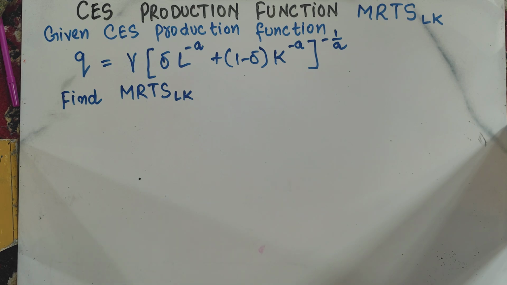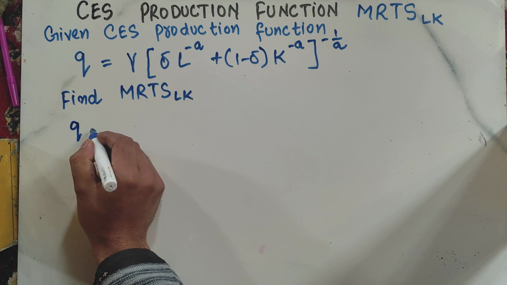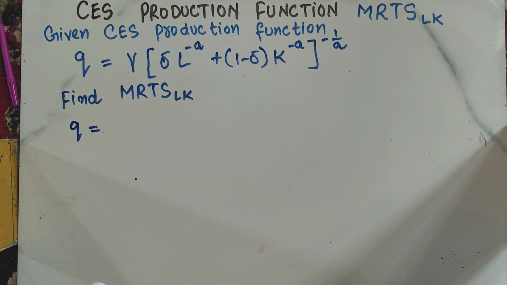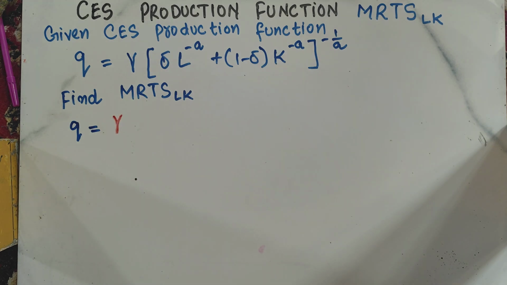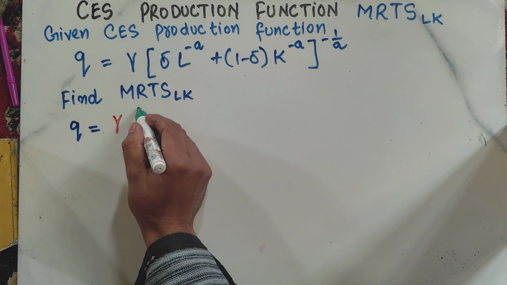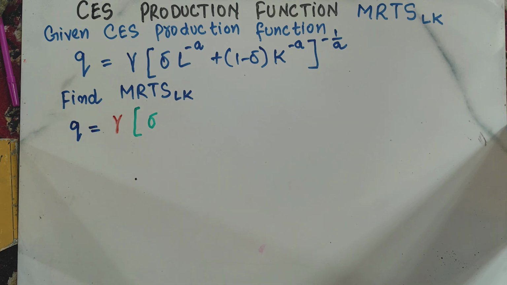Okay, so let me write the production function. So we have output is a function of gamma. Gamma shows us the efficiency parameter times we have delta. I will explain all the terms here in a bit.